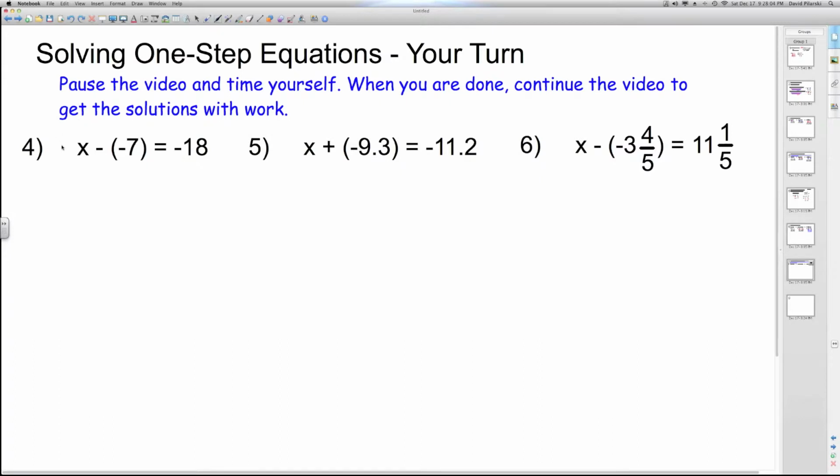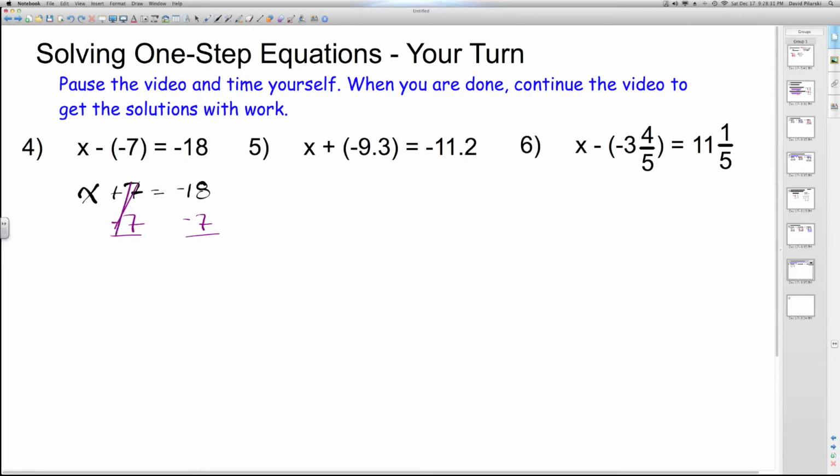So taking a look at number 4 here, we have x minus a negative 7 is equal to negative 18. If we use a technique from the previous slide, we're going to rewrite this as x plus 7 is equal to negative 18. To solve this equation, on the left, we recognize that we should be subtracting 7 because it's add 7 to the variable x.